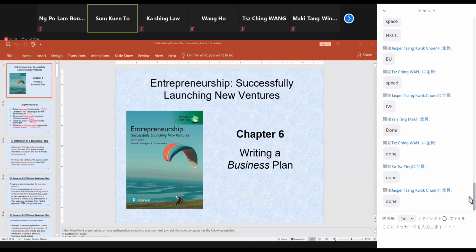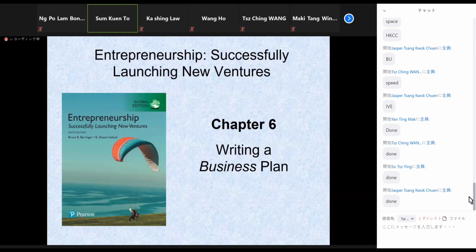All right, if you cannot see it, let me know. Okay, so I will go over a little bit fast because this is not a theory, this is not a concept, but just let you know what should be in mind when writing up a business plan. All right, so just some side information rather than a concept you need to apply.